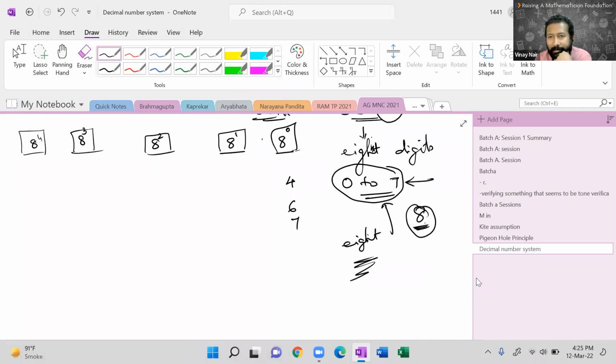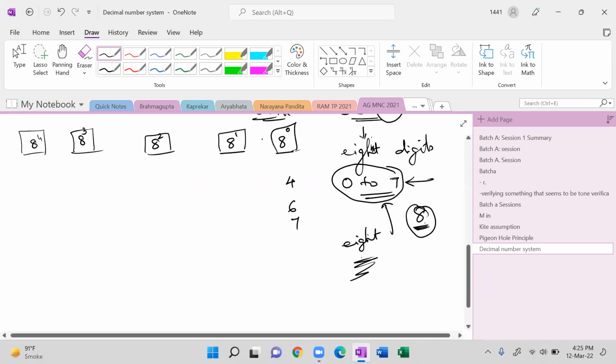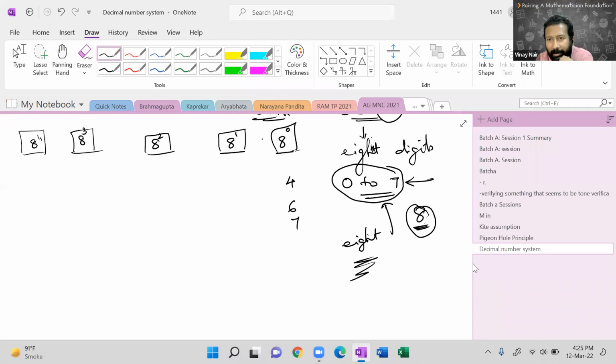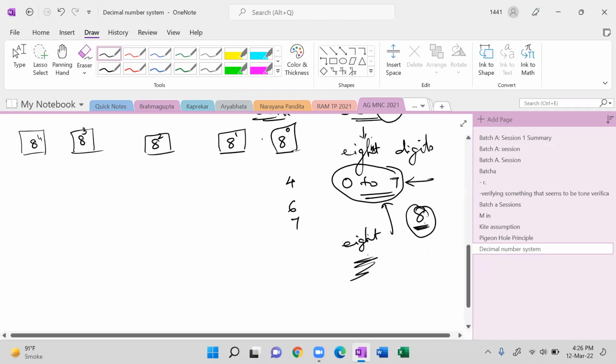Okay, Bhagyashree. Yes, sir. What do you think? Sir, I'm sorry, sir, I'm joining now. Okay, all right. Who is this? This is Anushka. Yes, sir. So in base 8, you represent 8 as 1, 0, right?